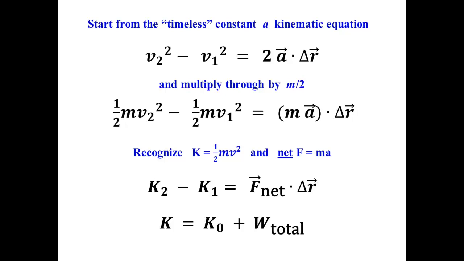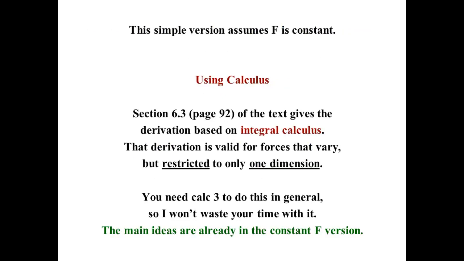If we rewrite this in the way we usually do, where the second one is final and the first one is initial, and reorder a little bit, we've got K final equals K initial plus the total work. Now that assumes constant forces, which is never really valid in regular problems like springs and other things.